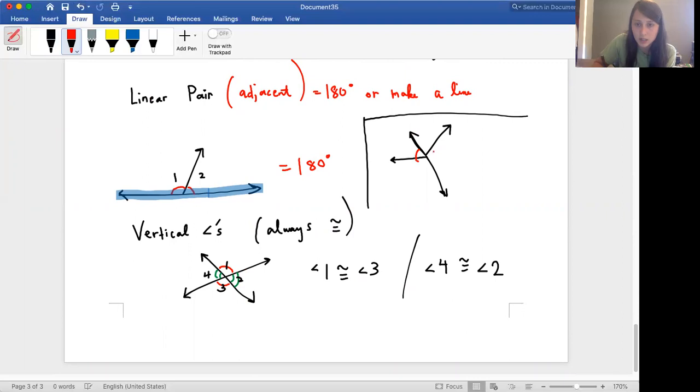So an angle like here and here, these are not congruent because it's not two intersecting lines creating those angles. Even though they're across from each other, the rays meet in the middle, but then they go out in different directions. They're not intersecting. They're not two lines crossing over. So don't be mistaken that just because you have two angles across from each other, they're congruent. Doesn't necessarily mean that. They have to be intersecting for it to be a vertical angle.